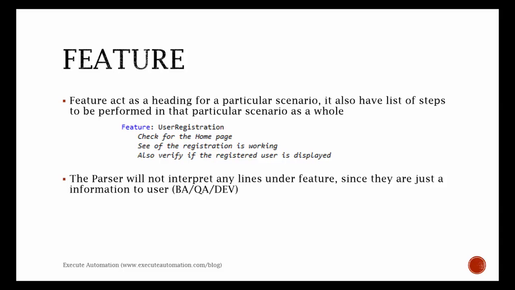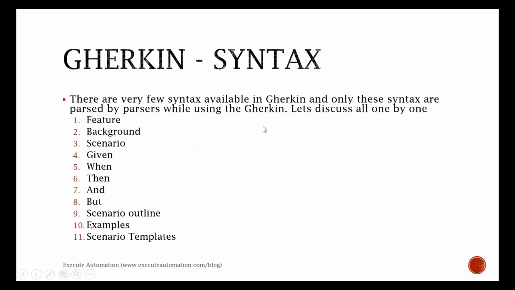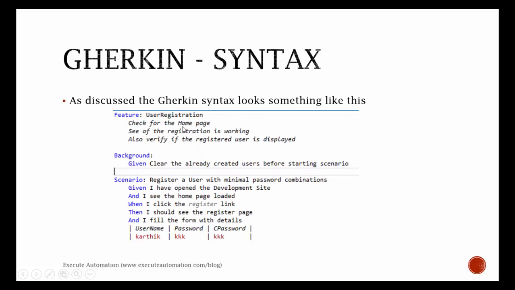Features. A feature acts as a heading for a particular scenario, and it has a list of steps to be performed in that particular scenario as a whole. Let's go back to the feature we discussed before. As you can see, in this feature I'm saying that whatever scenarios are covered in this feature should cover all these things: check for the home page, see if the registration is working, and also verify if the registered user is displayed.